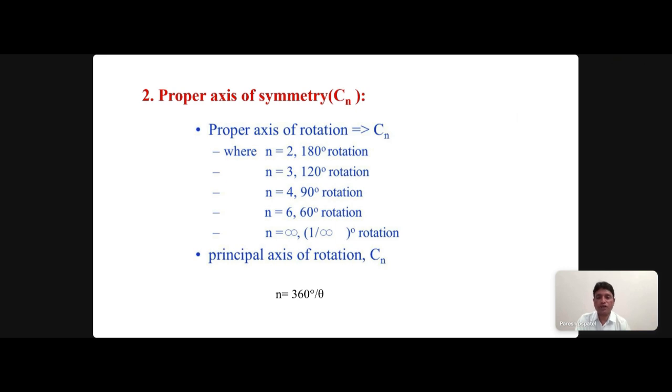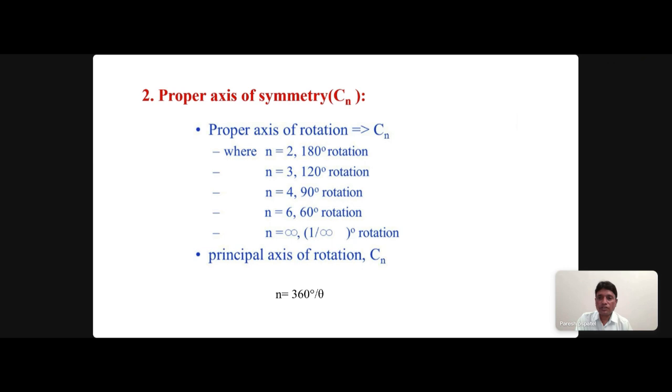If you rotate around 120 degrees, the order of axis is 3. Around 90 degrees, the order of axis is 4. Around 60 degrees, the order of axis is 6. And if you rotate around an infinitesimal angle, the order of axis is infinite.